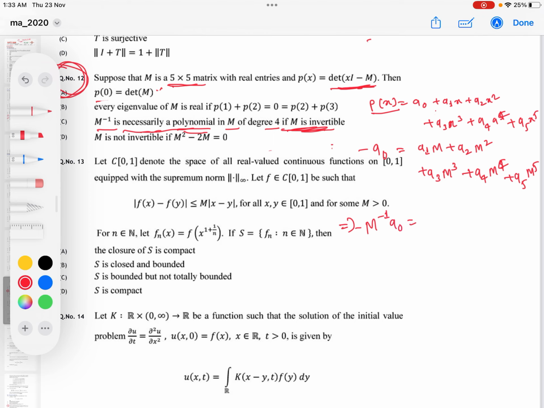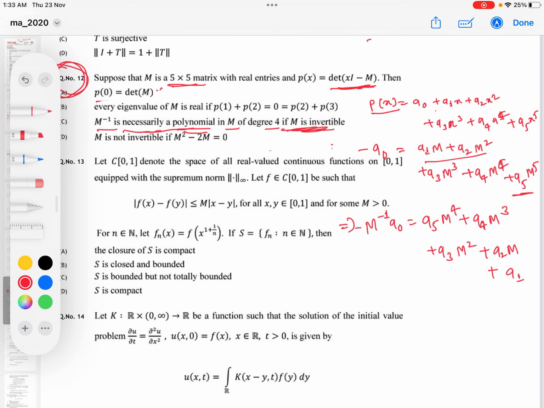Obviously it will be a polynomial, because if we multiply this side by M inverse, then it will be a5 M to the power 4 plus a4 M cube plus a3 M square plus a2 M plus a1, right?